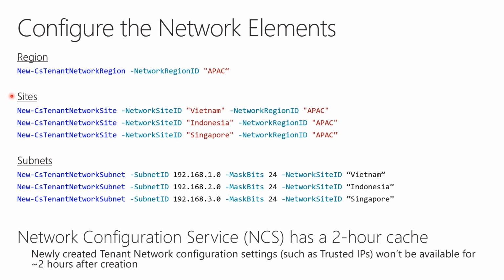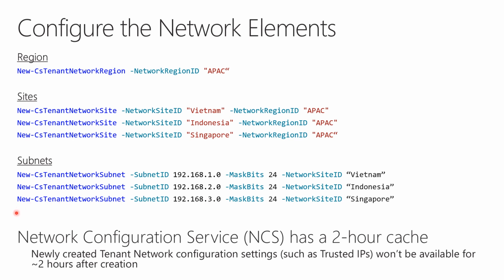I built out my sites as per the example, right? I have my Vietnam site, I have my Indonesia site, and I have my Singapore site. And you notice that all three of them are tied to the same region, tied to the APAC region. And then I've built out my appropriate network subnets. CsTenantNetworkSubnet. These are my subnet IDs, masks, and the network site ID that they are associated with.